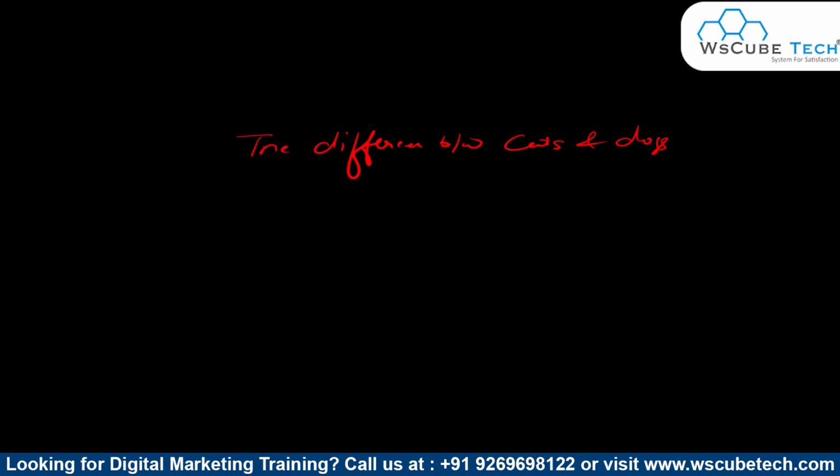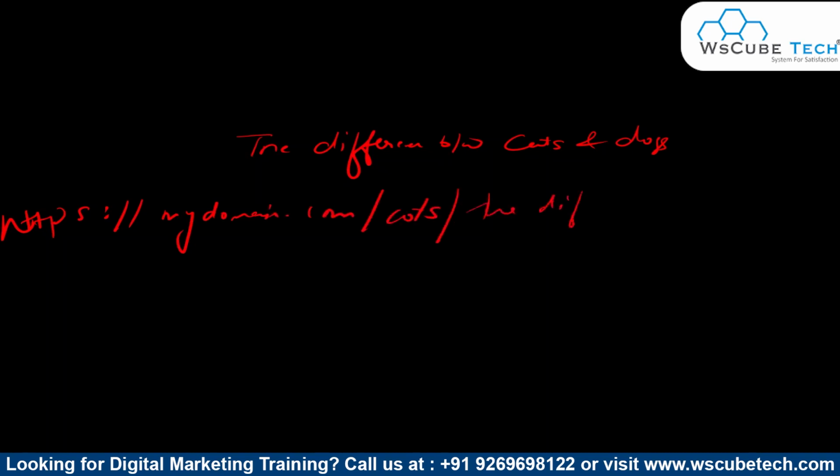This would result in two URLs that lead to the same blog post, and that URL is https, let's suppose, mydomain.com slash cats slash the difference between cats and dogs.